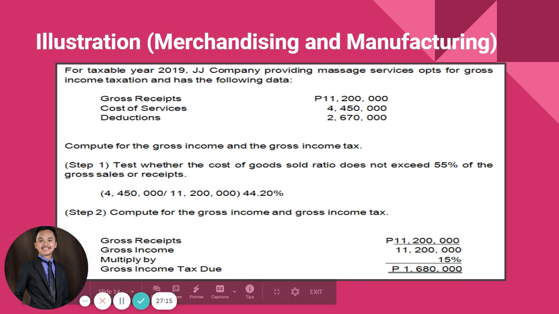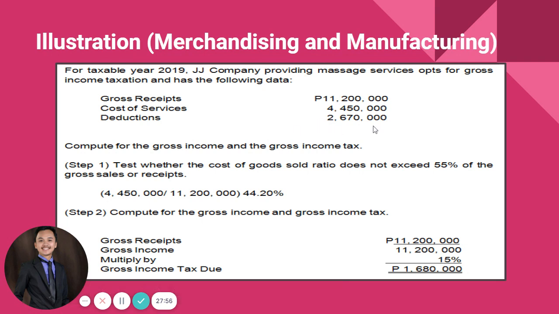Okay, so that means your gross income will simply be your gross receipts minus any deductions or adjustments like your sales returns and allowances and your sales discount. So if ever we have sales discount and sales returns, that's the only item which will be deducted from our gross receipts to compute for our gross income. Again and again, your cost of services will no longer be deducted to compute for your gross income if the entity is engaged in service industry.